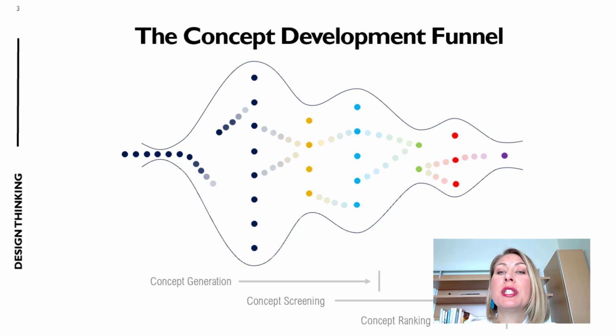So here you can see that the concept generation part is really this process of unbounded creativity and divergent thinking, right? The arrow is going up. And we're going to use convergent thinking to screen and rank concepts and reduce them down to a few really good ones.